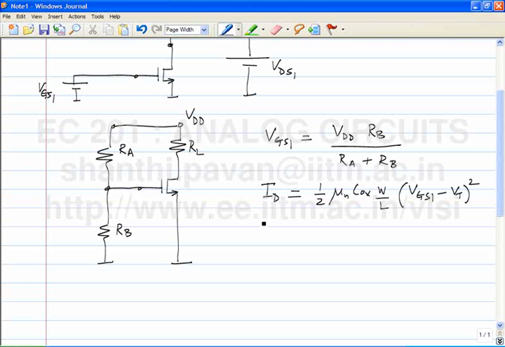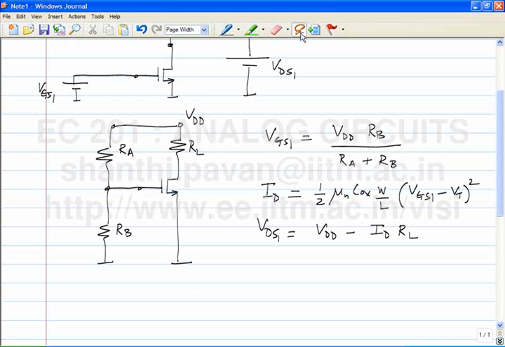Once ID is known, VDS1, which is the true drain-source voltage across the transistor, is nothing but VDD minus ID times RL. So in other words, we have finished the whole business of setting the operating point of the device. We'll see later on that there are many ways of setting the operating point. This happens to be just one.